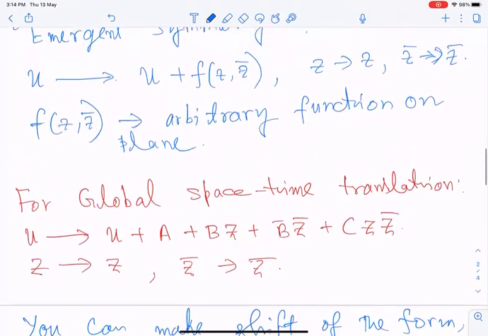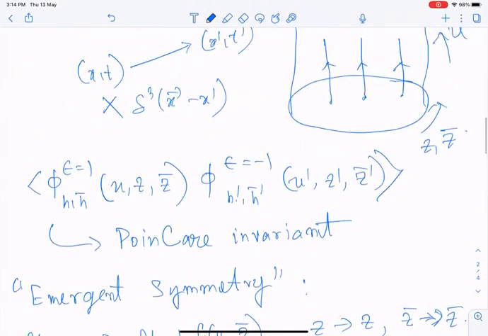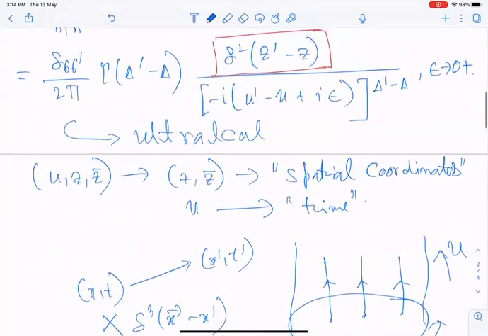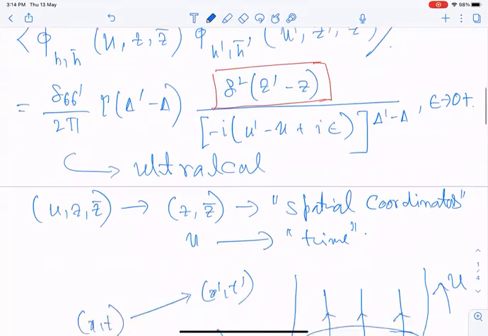Now these you can call super translations. So this is an infinite dimensional symmetry of this free theory on scri plus, and it is there because of this ultralocality.